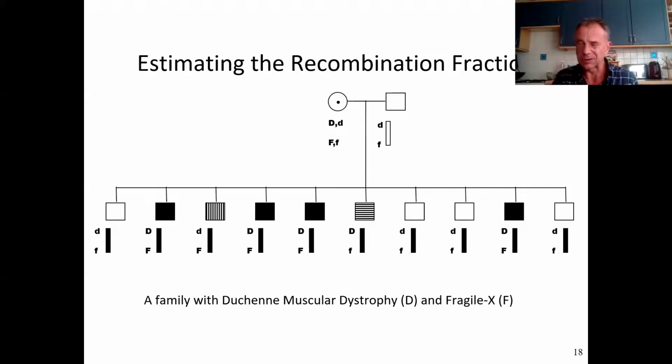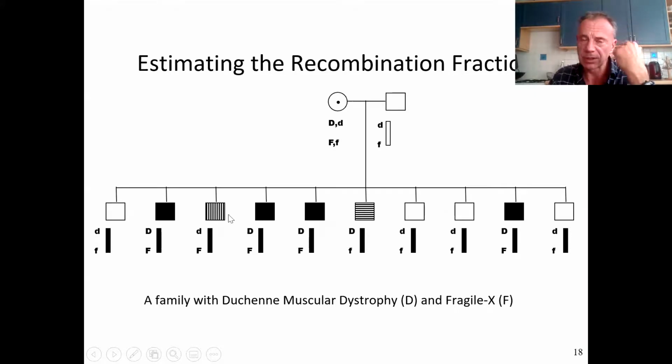We're not using any markers now, we're just going to use the diseases to work out what's happening. And what we see is that some people in the family have got Duchenne's, and some people have got Fragile X. And one person, solid, has got both. Vertical stripes, they've got Fragile X and not Duchenne. Horizontal stripes, they've got Duchenne and not Fragile X. And no shading means they haven't got either.